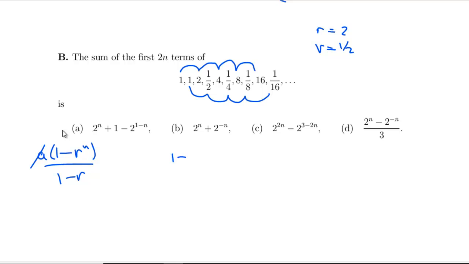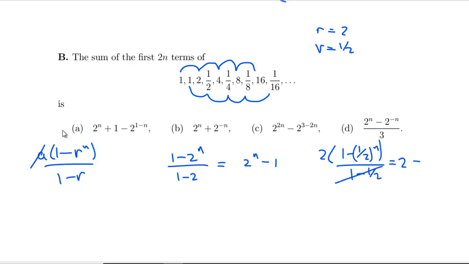So we're going to have 1 minus 2 to the n over 1 minus 2, which is 2 to the n minus 1. And the other one, we're going to have 1 minus a half to the n over 1 minus a half. So that is going to be, right, let's not get this messed up here. So we're doubling this, that's putting a 2 around there.